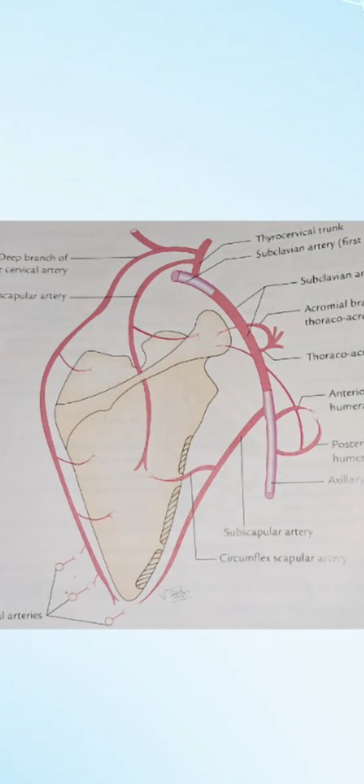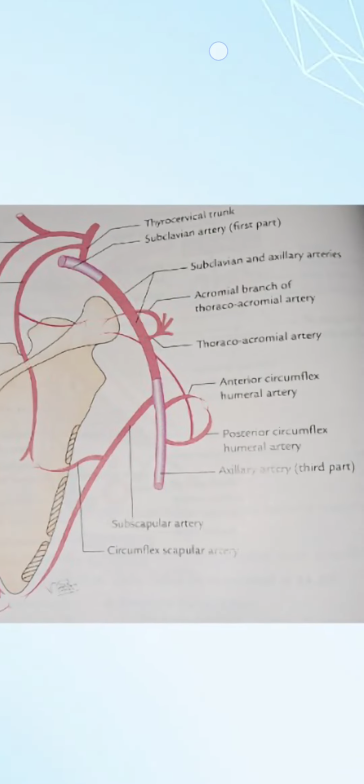And from the axillary artery, the thoracoacromial artery, and the anterior and posterior circumflex humeral arteries arise. These are the branches which are involved in the formation of the anastomosis, and these are the main branches which arise from the subclavian artery and axillary artery.